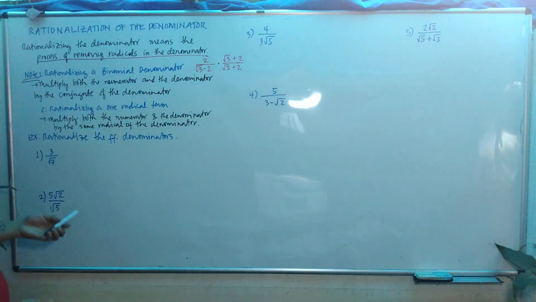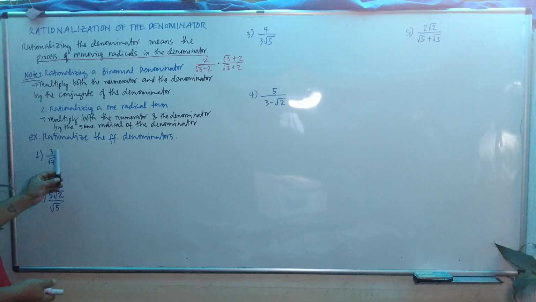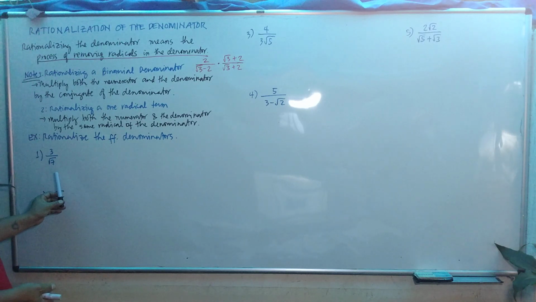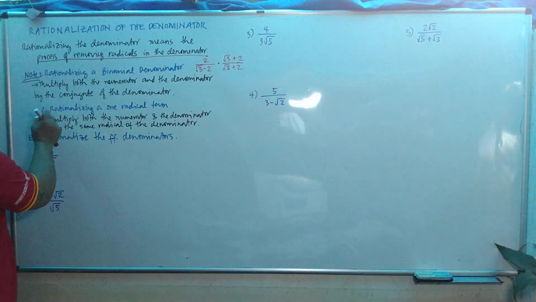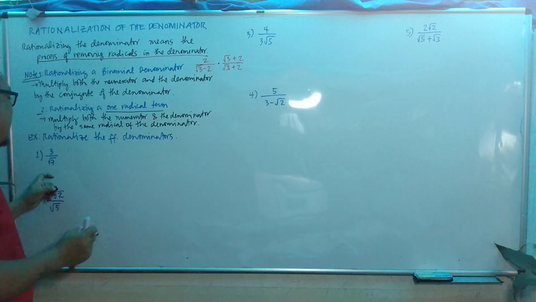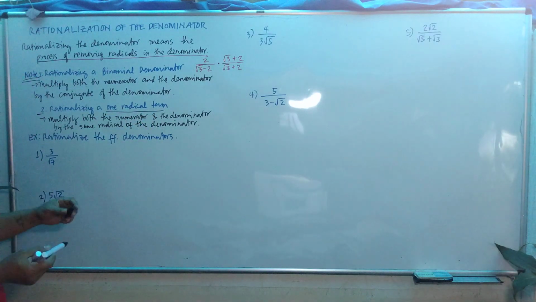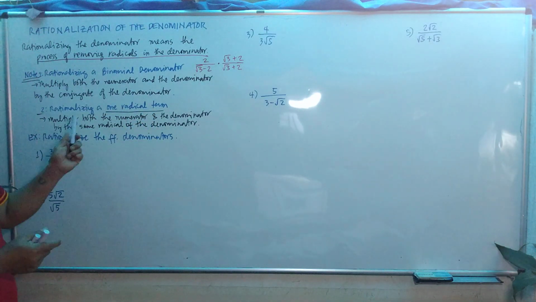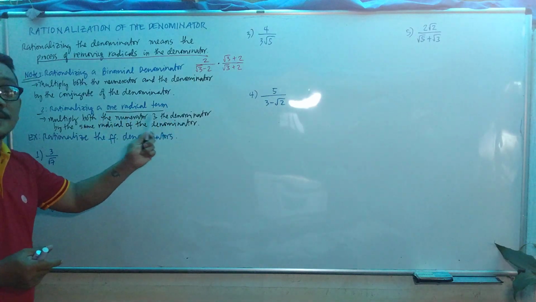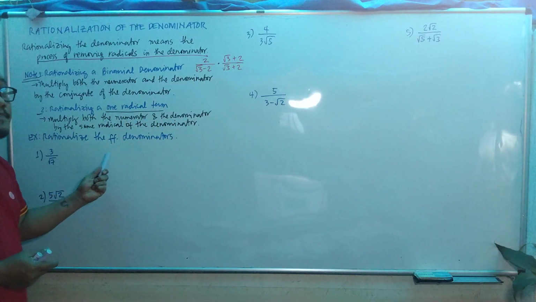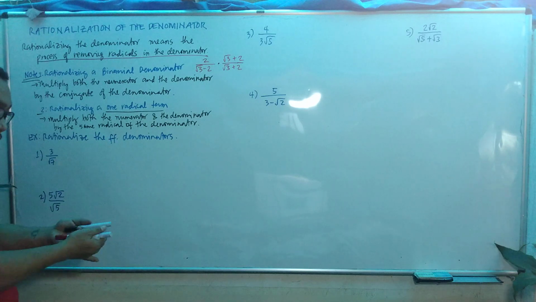So suppose we have example number 1. You are given, rationalize the following: 3 over square root of 7. This falls under note number 2, one radical term only. There is only one radical in the denominator. So, we will multiply both the numerator and the denominator by the same radical of the denominator.